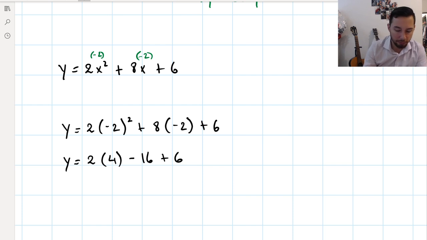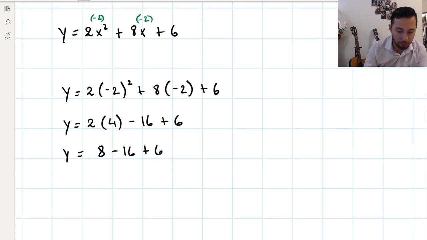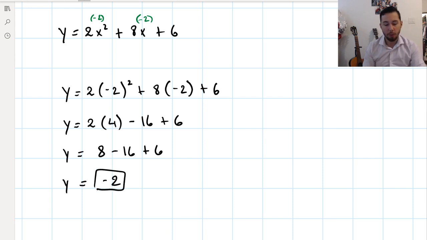Well, 2 times 4 is 8, so this will be y is equal to 8 minus 16 plus 6. So this will be y is equal to 8 minus 16 is negative 8. And negative 8 plus 6 is negative 2. So that will be my y value.